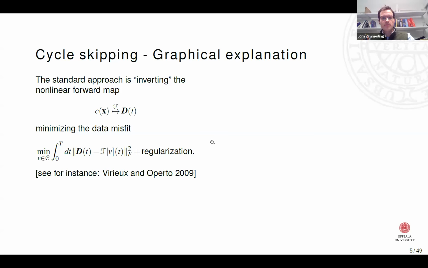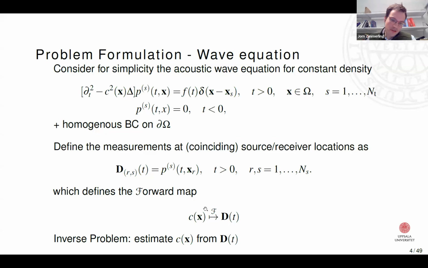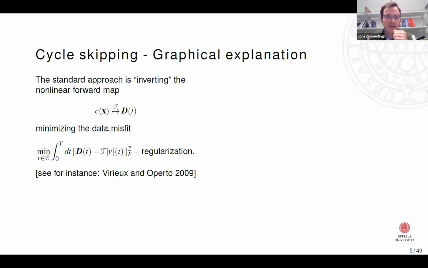Now, what is a big issue of doing this? The standard approach to solve these problems in full waveform inversion is to minimize data fit. You're measuring data, so why don't we minimize data fit? This map is nonlinear in general and also ill-posed, but the most straightforward thing you could do, since you're trying to invert this data mapping, is to make a misfit function that is the quadratic data misfit.